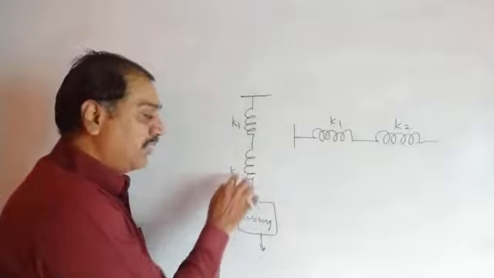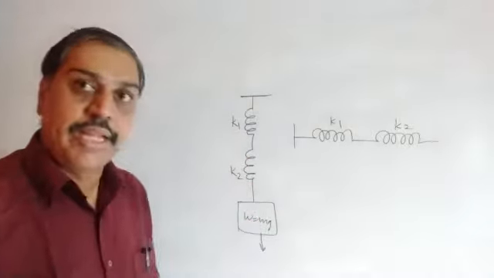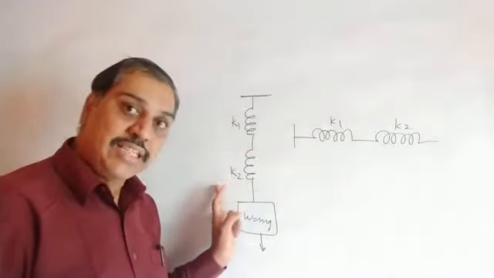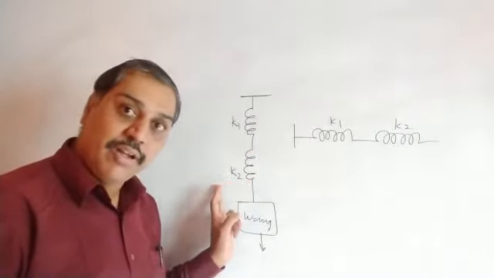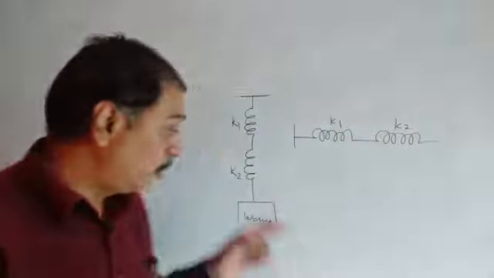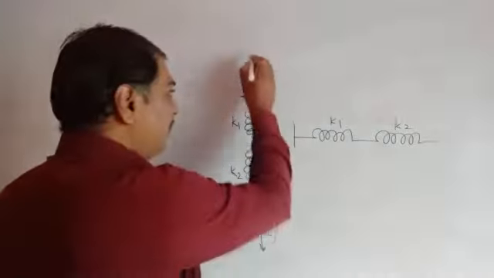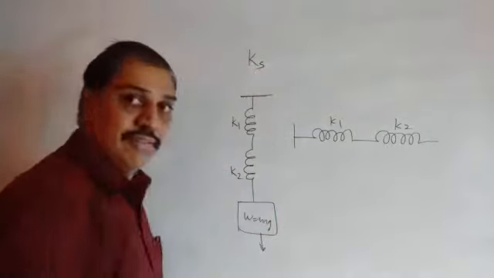So out of K1 and K2, if K1 is small, this elongation is more. If K2 is large in dimension, elongation is small. Now we have to find out, these are the two, K1, K2. What is the resultant? You have to remember a simple thing. That is Ks.